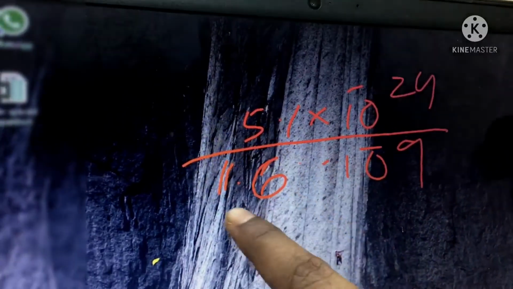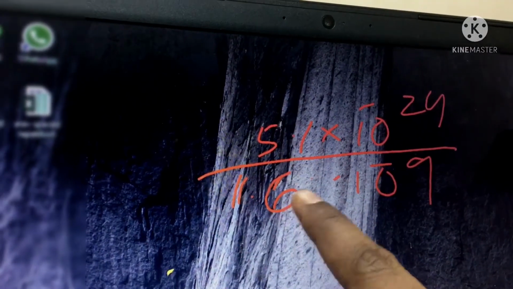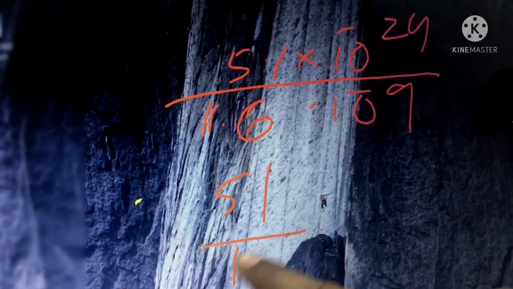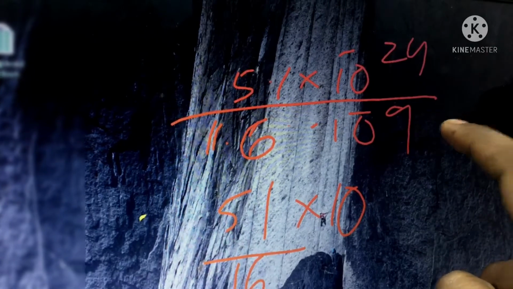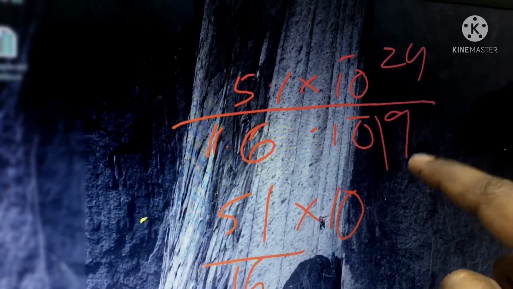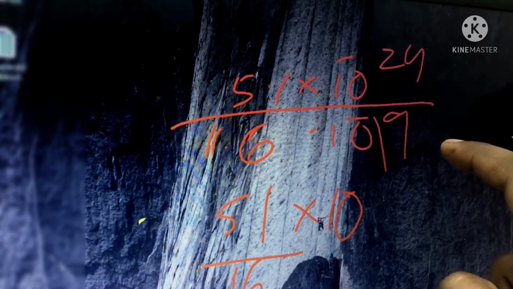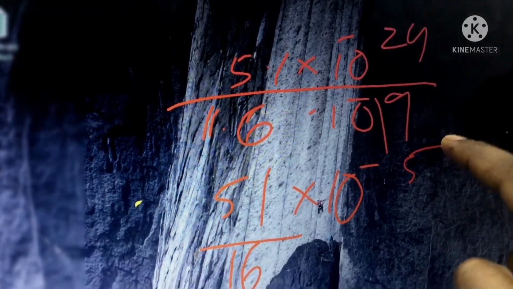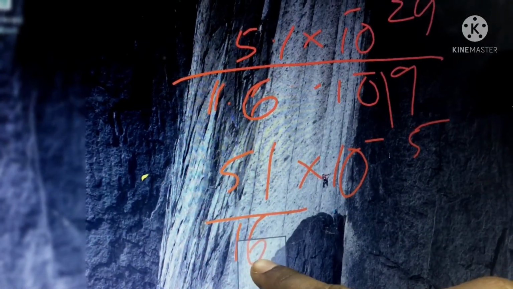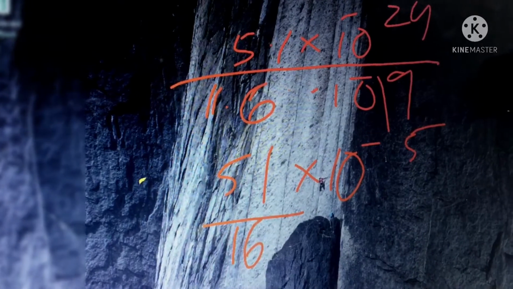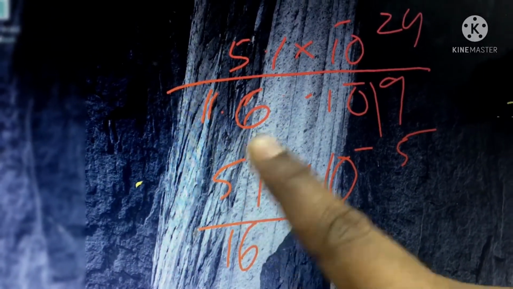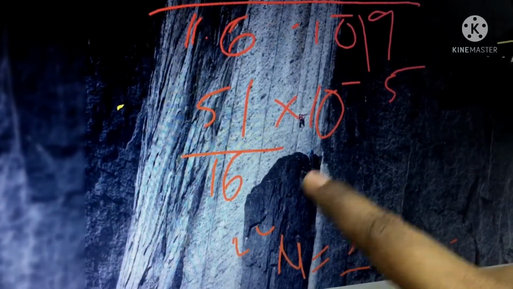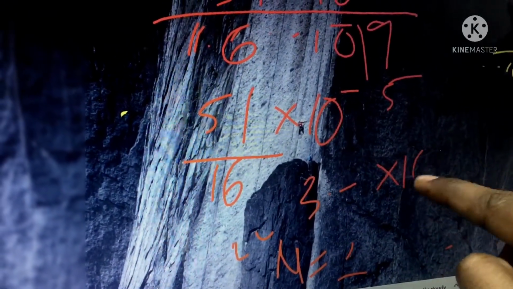Here we have 5.1 by 1.6, so we can write 51 by 16 into 10^-24 and minus 19, which becomes 10^-5. 51 by 16: 16 into 3 is 48, but here 51. So if we divide 51 by 16, it should be 3 point something. So we can write it as 3 point something into 10^-5.